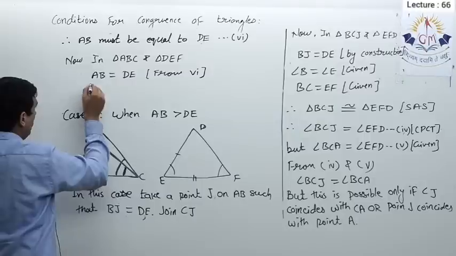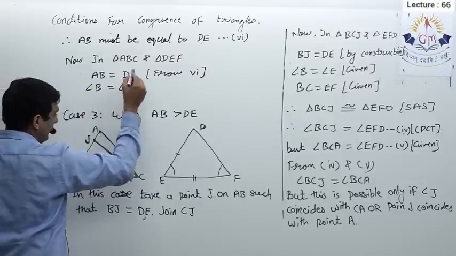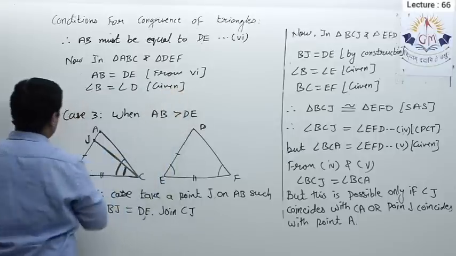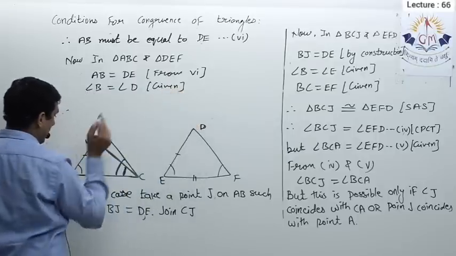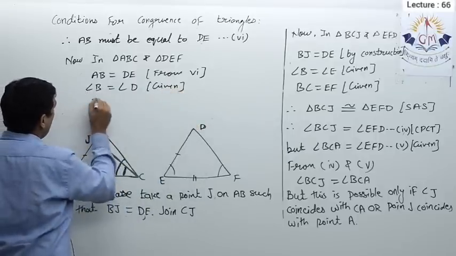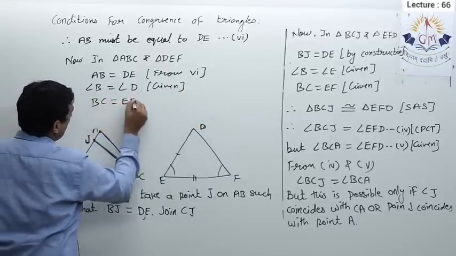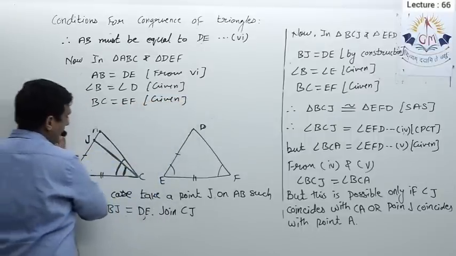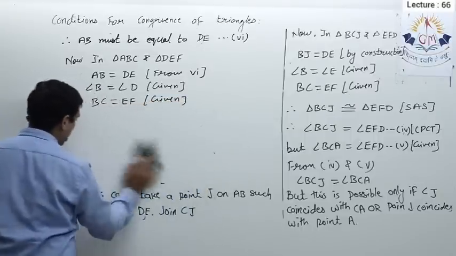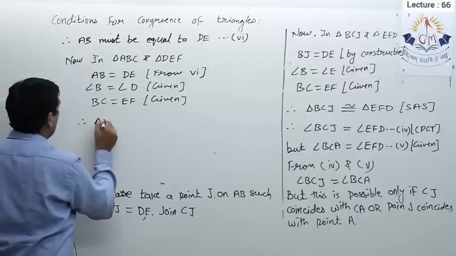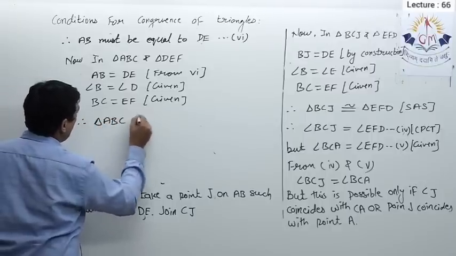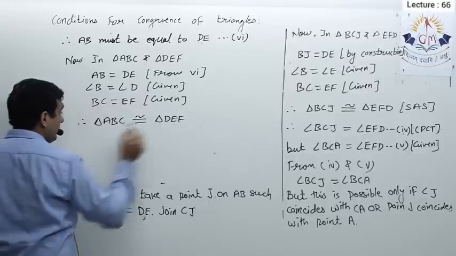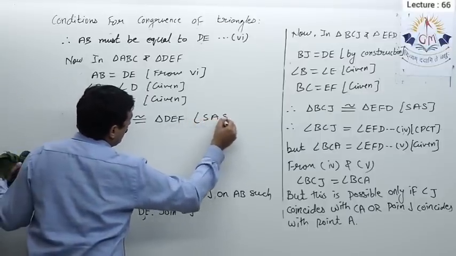Angle B is equal to angle E, that is given, and BC is equal to EF, that is again given. So I can say the triangles are congruent. Therefore triangle ABC is congruent to triangle DEF, by side angle side.